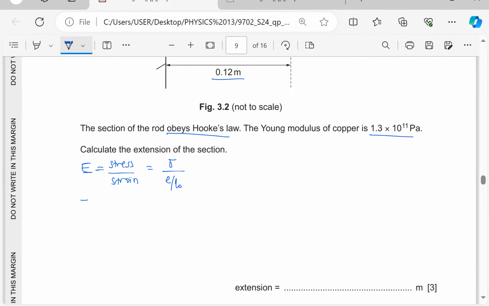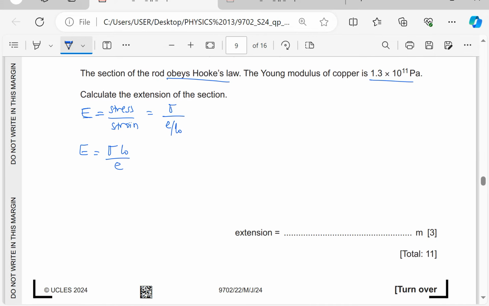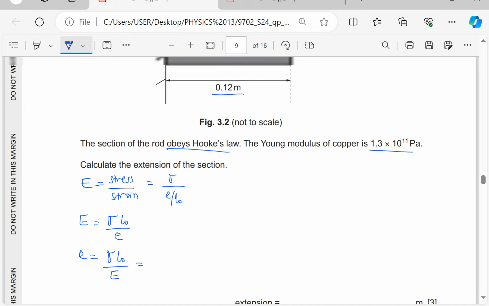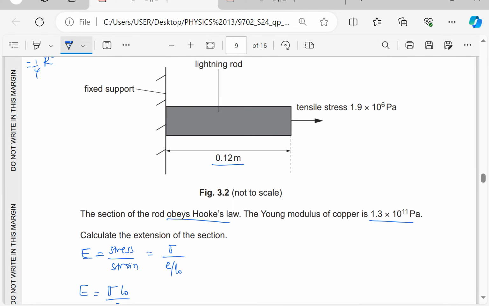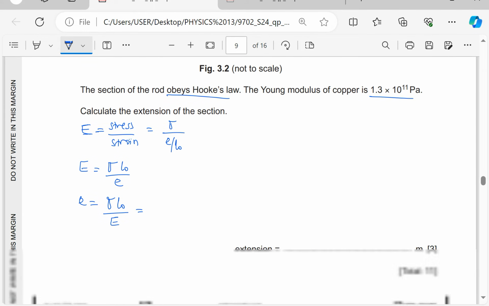So it means the Young modulus is the stress times the original length over the extension. That is simple mathematics, which means the extension is going to be the stress times original length over the Young modulus.